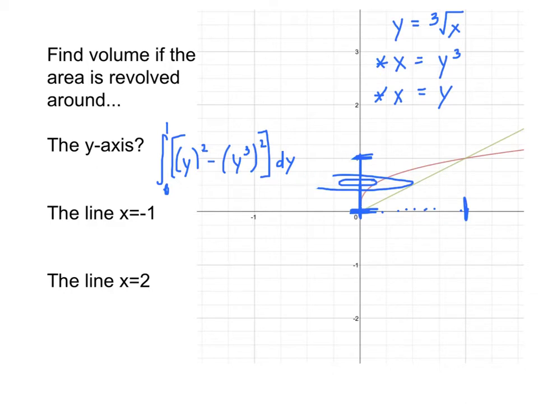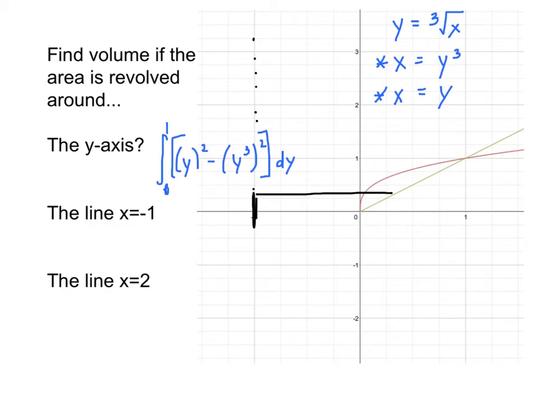Now, if I want to revolve around the line x equals -1, and that's over here, you've got to think, what happened to the radius? It used to just be the function. Well, now I made it 1 unit bigger.